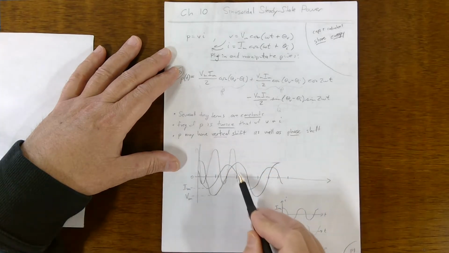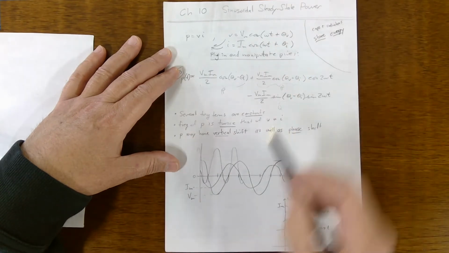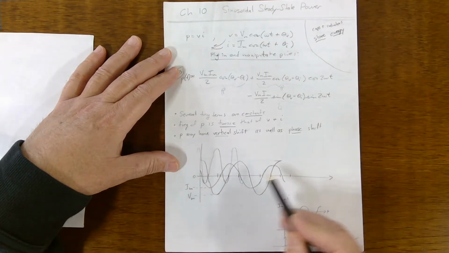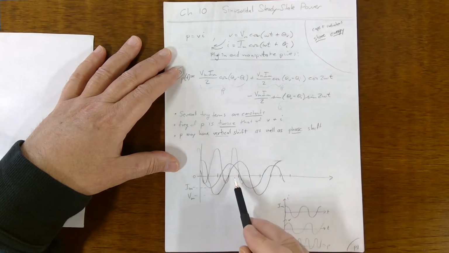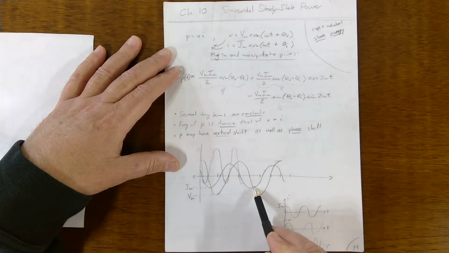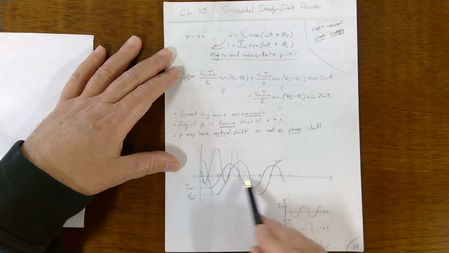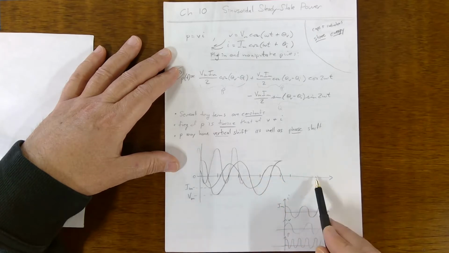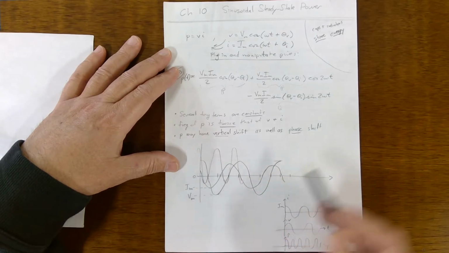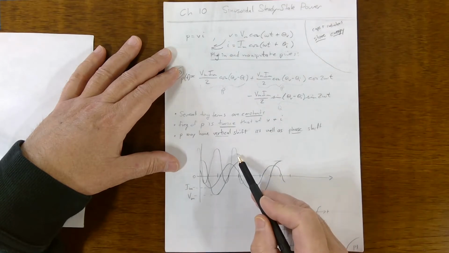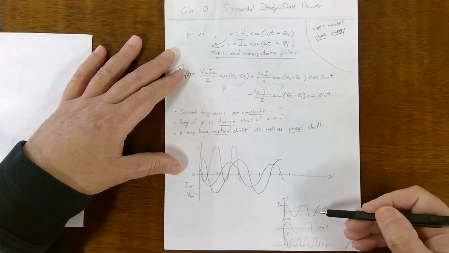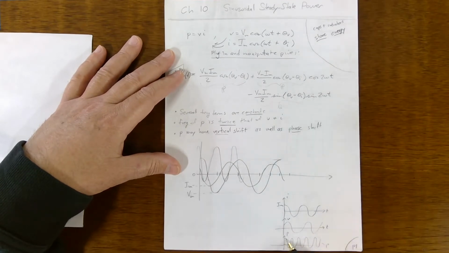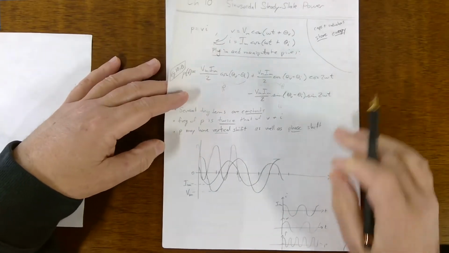V and I have a frequency of omega, and P has a frequency of 2 omega. Also note that V and I are centered on the axis, that is, they do not have a vertical shift, whereas P has a vertical shift. So you can break it up like this: there's I and V, and then P, which has twice the frequency and might have a vertical shift. Okay, that's time domain.